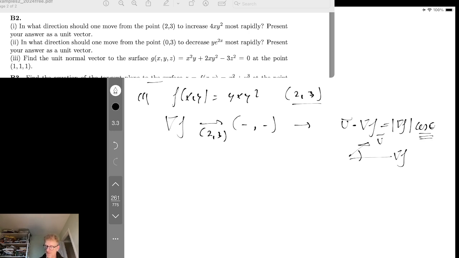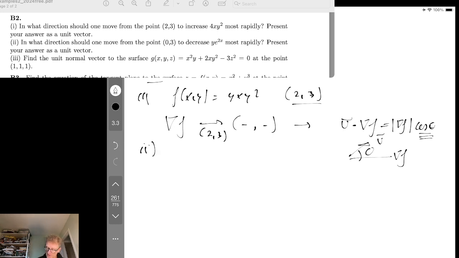So basically I have to say in which direction cos theta is maximum, and then in the next one it's decrease, so it's where cos theta is most negative. Yes, and so that's what you need to do for 1 and 2.